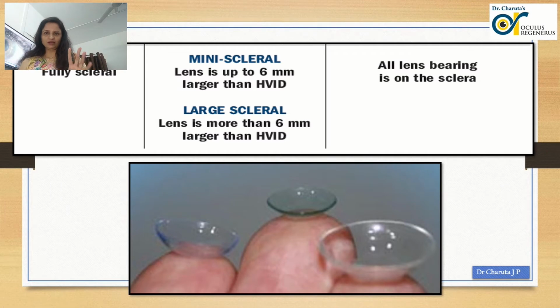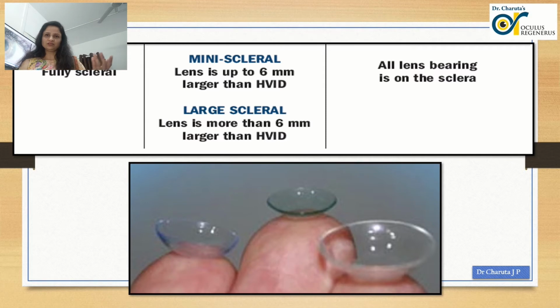Both of them bear on the sclera only. The load bearing is on the sclera only, but the total diameter of the lenses may be small or large. The advantage of a mini scleral lens is that the fluid reservoir required is not very large, and it's much easier to fit, because you don't have a large area to calculate or fit.